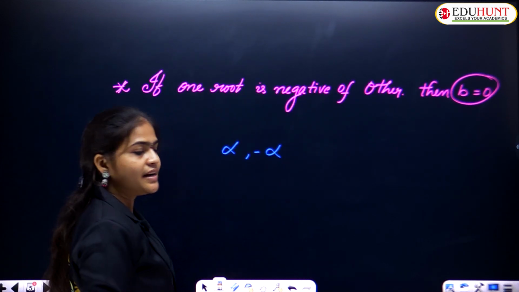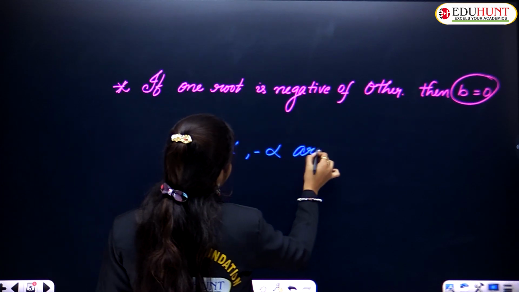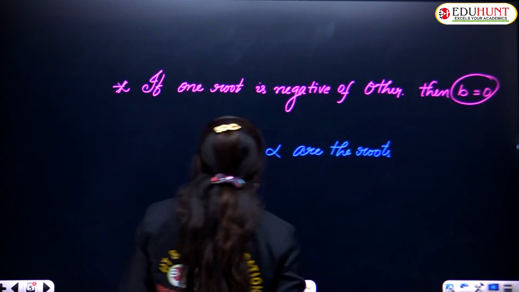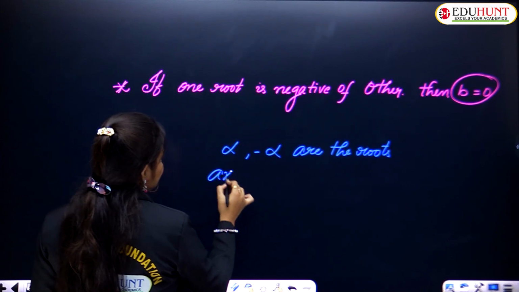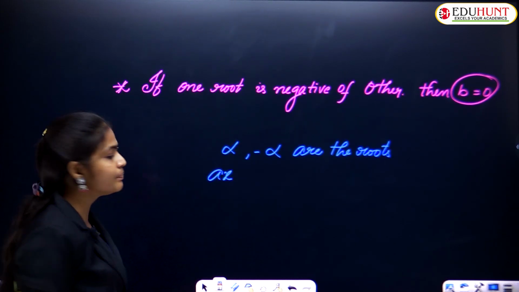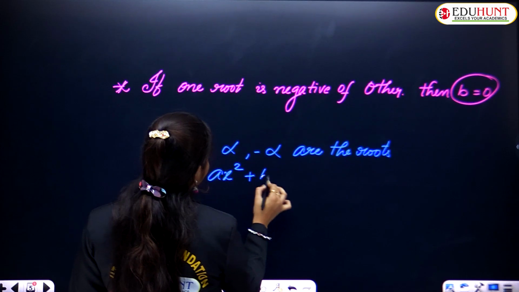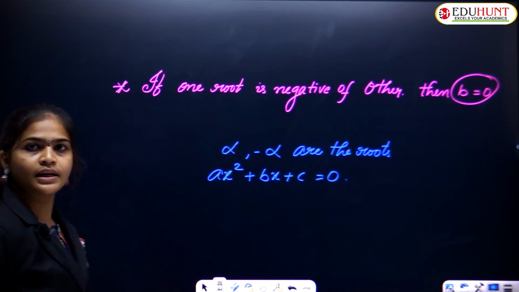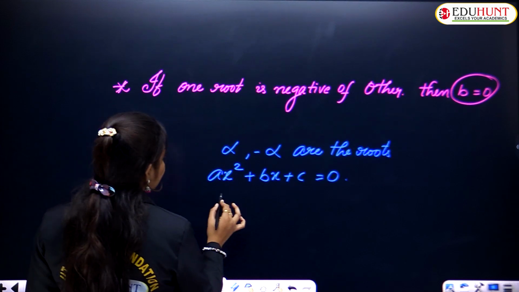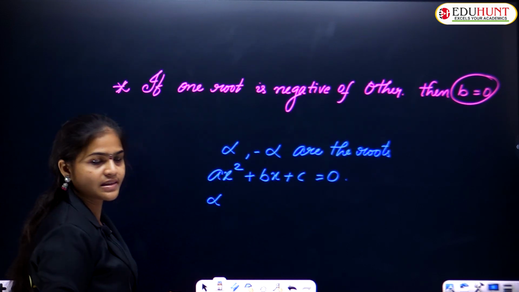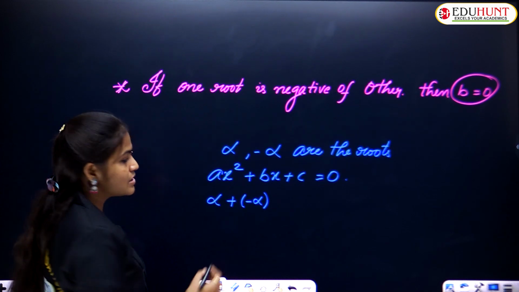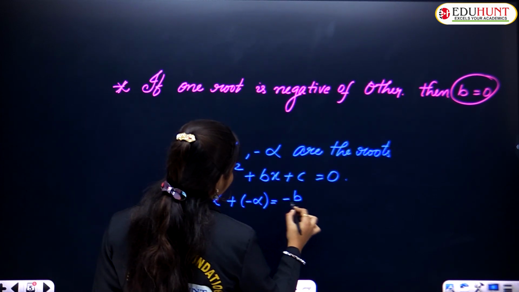If alpha and minus alpha are the roots of the quadratic equation, what is the general form of a quadratic equation? That is ax square plus bx plus c is equal to 0. Take the sum of the roots: alpha plus minus alpha, the sum of the roots, equals minus b by a.